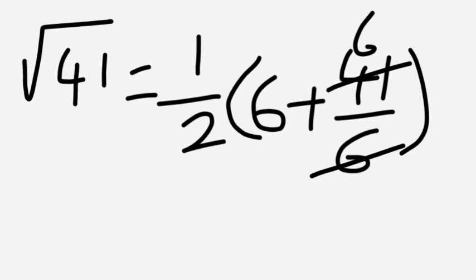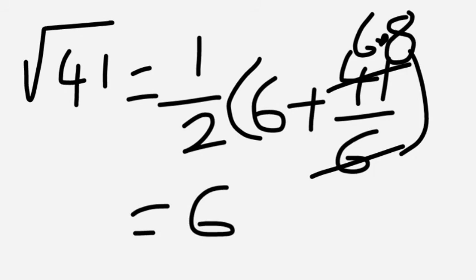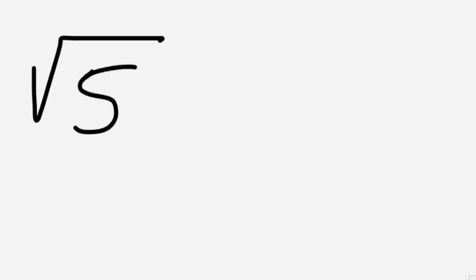If we add a point, it becomes 50, and 6 times 8 is 48, so 6.8. So 6 plus 6.8 is 12.8, and 12.8 by 2 is 6.4, the approximate value. So the square root of 41 is 6.4.